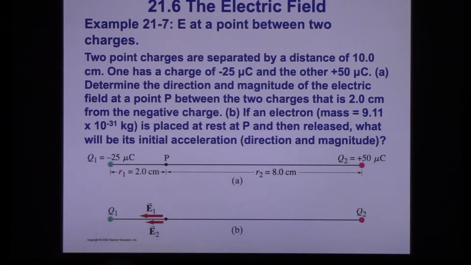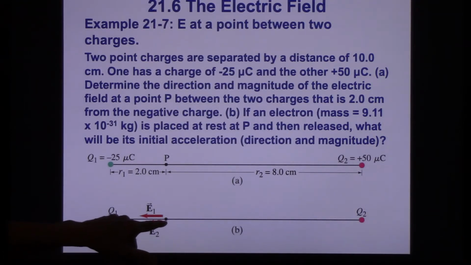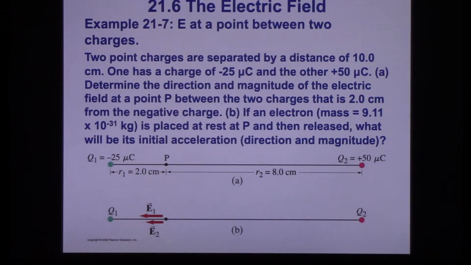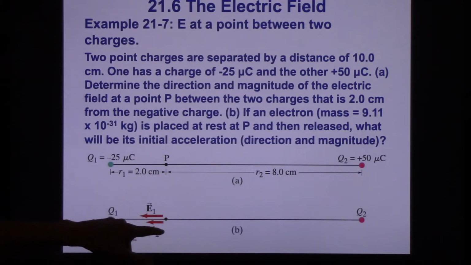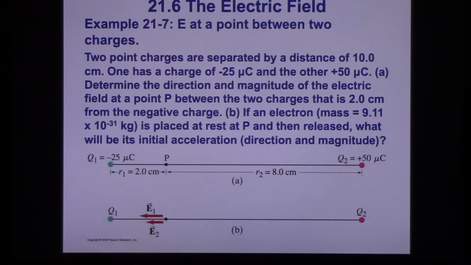So what's happening is, at point P, both the electric field effects are in the same direction. They're going to reinforce each other. What we've done now with this diagram, I didn't get my calculator out, I didn't plug any numbers into any formulas, I just drew the diagram and I've already established what direction the E field will be in.